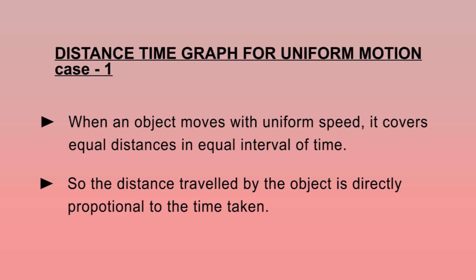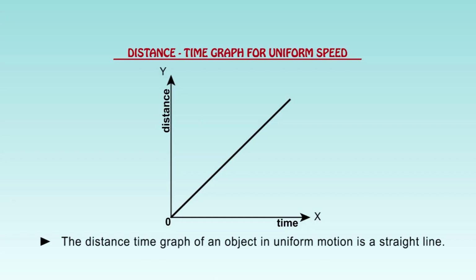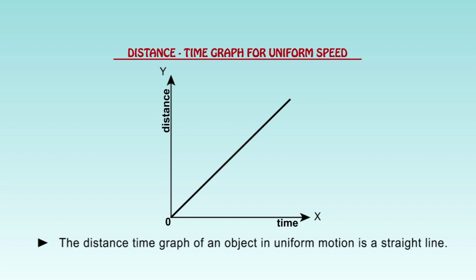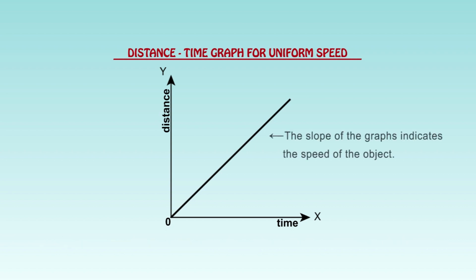Thus, the distance time graph of an object in uniform motion is a straight line. The slope of the graph indicates the speed of the object. Greater the slope is, the greater will be the speed. Thus, we can easily compare 2 objects just by looking at the slopes.